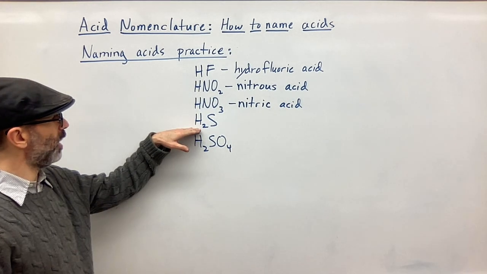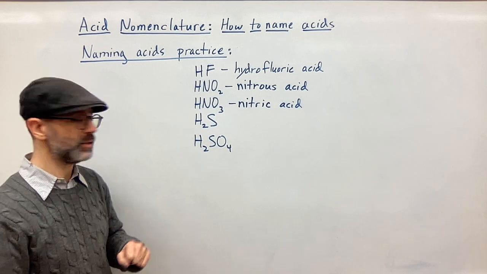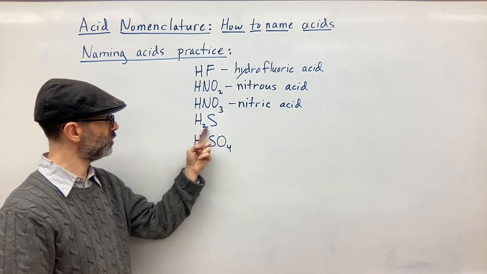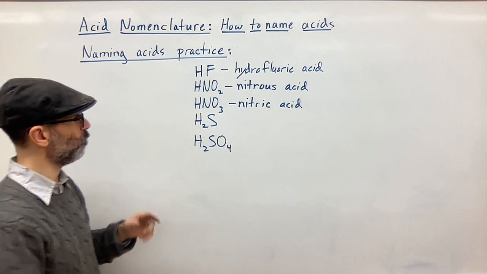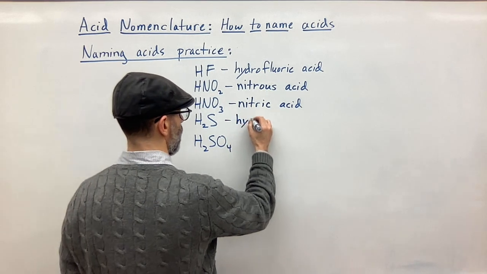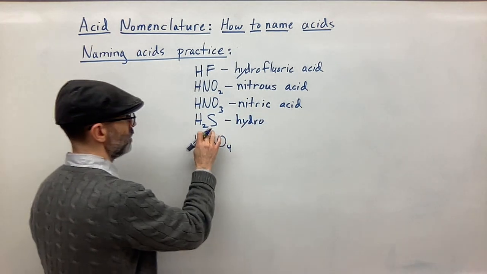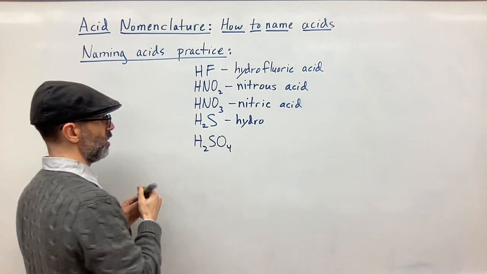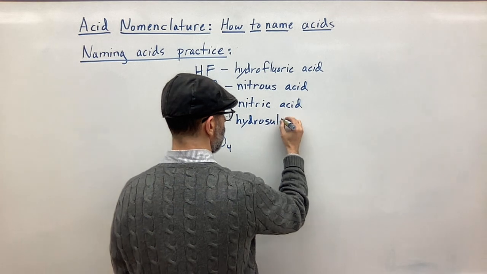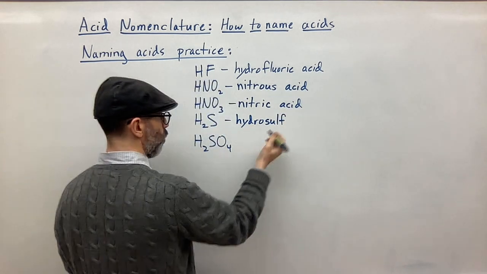Number 4, H2S. H2S, binary acid, no oxygen, and it's got 2 elements, 1 hydrogen and 1 sulfur. So we're going to begin with hydro for hydrogen. And then the sulfur here, this is one of those weird ones, it's going to be sulfur.